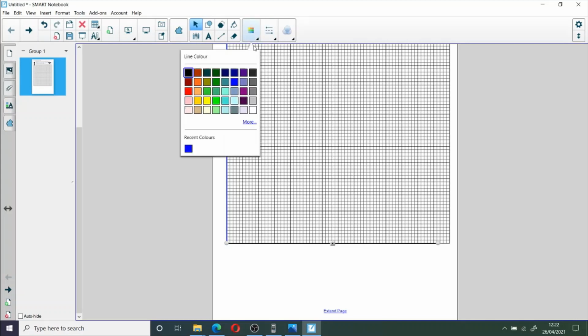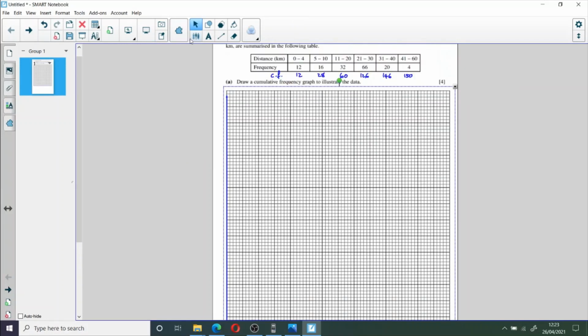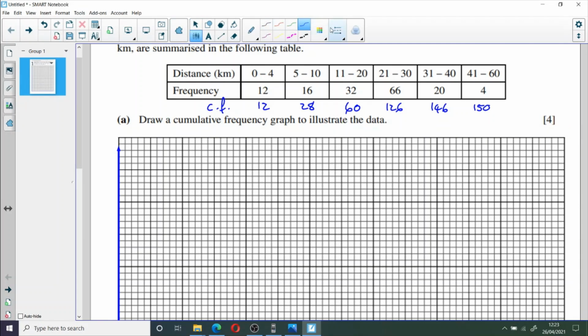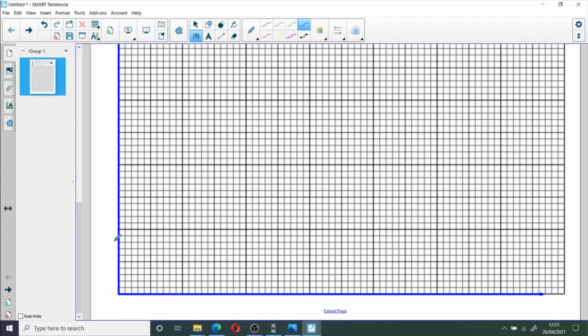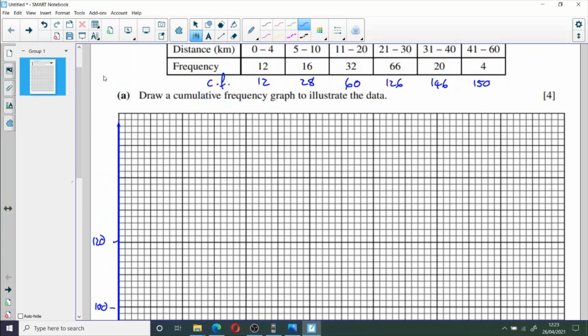Right, let's make that stand out a bit first. Okay, so we are going to go up in 20s for our cumulative frequency. 60, 80, 100, 120, 140, and we can just fit on 150 there.